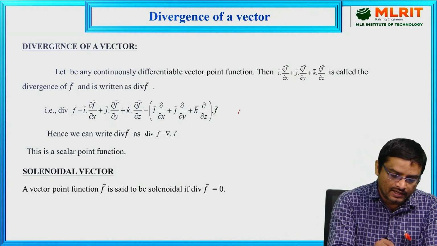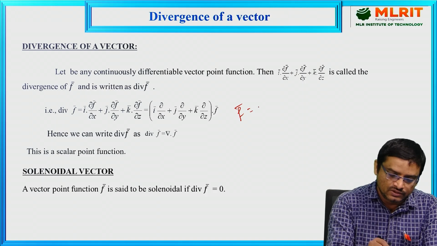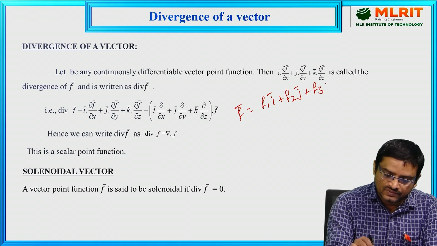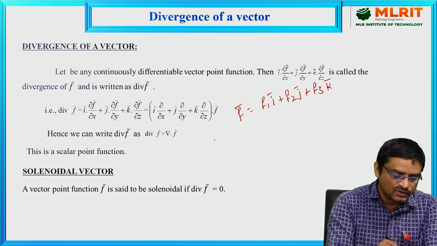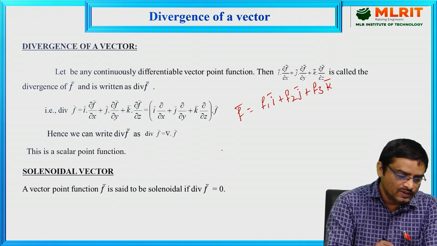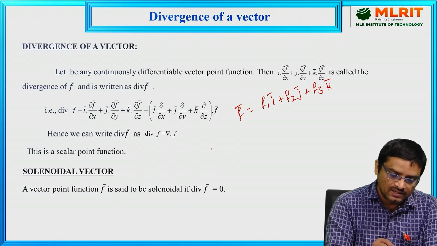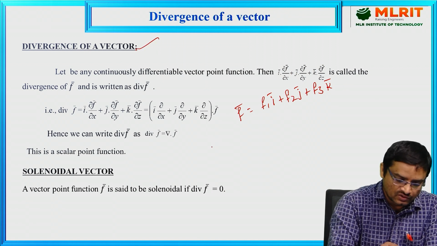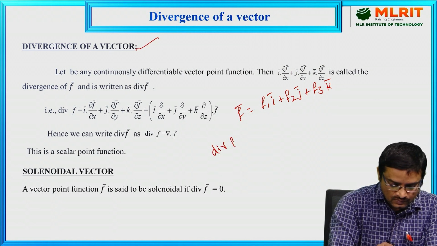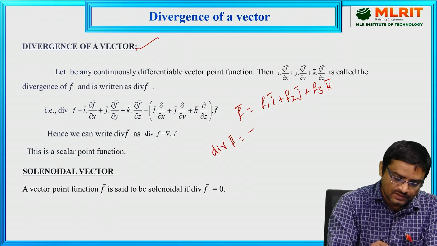Now I have taken a vector f bar is equal to f1 i bar plus f2 j bar plus f3 k bar. This is the vector I have given. Now I want to convert this vector into a scalar. Whenever we want to convert a vector into a scalar, we have to go for the divergence of f bar, which is represented with del dot f bar.